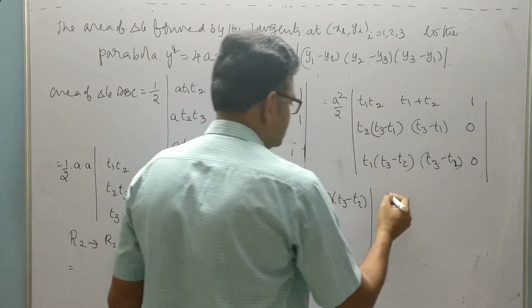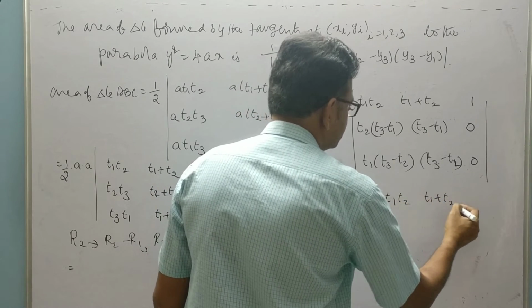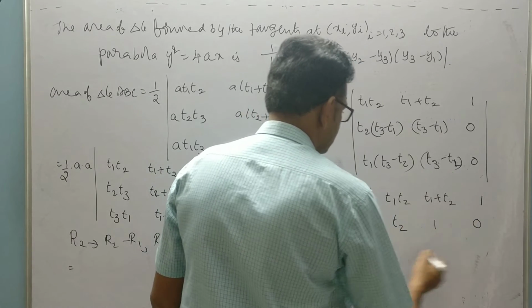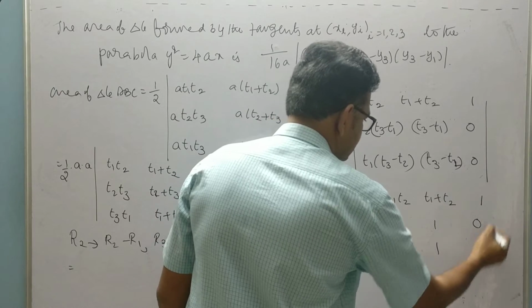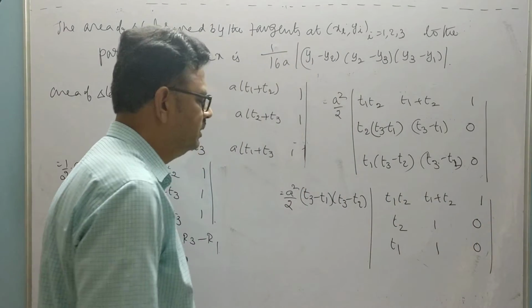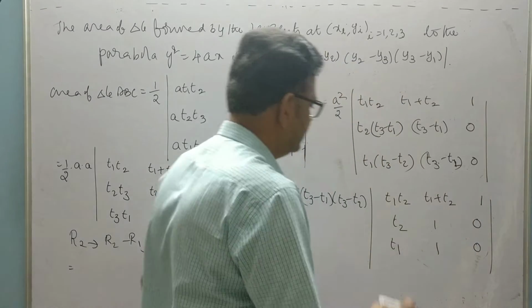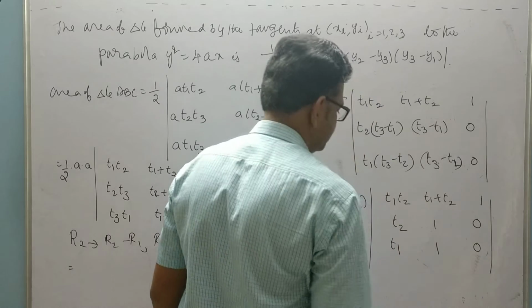So this is T1, T1 plus T2, 1; T2, 1, 0; T1, 1, 0. Now expanding along the third column, 1 into the determinant by deleting the first row and third column.